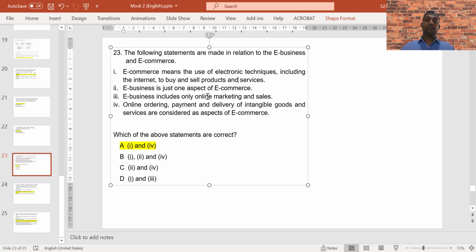E-business includes only online marketing and sales. No, as you saw, online payments, online buying, everything is included in e-business, so that is wrong. Online ordering, payment and delivery of intangible goods, yes, that is also correct. So 1 and 4 are correct, therefore answer A is correct.